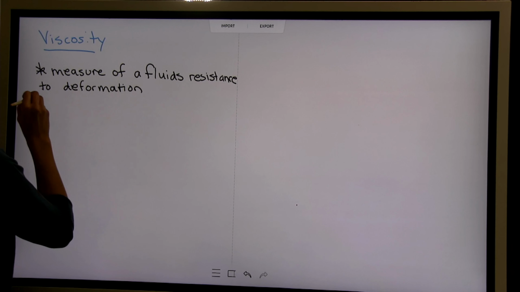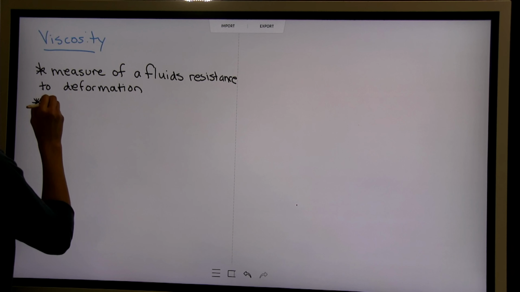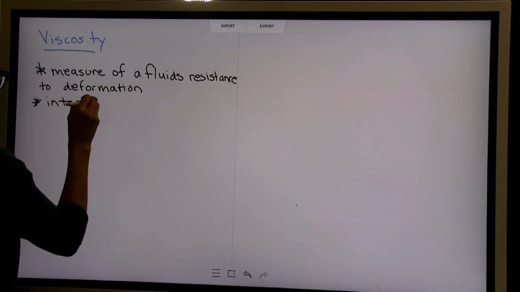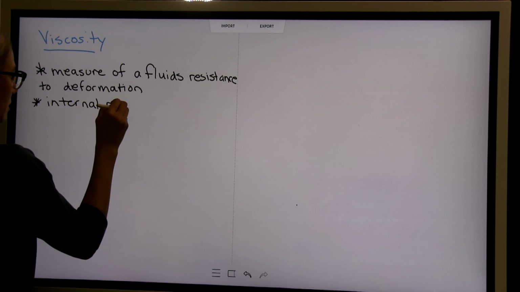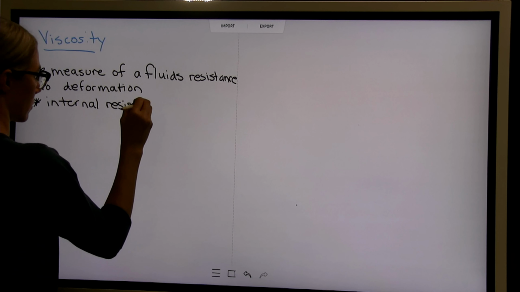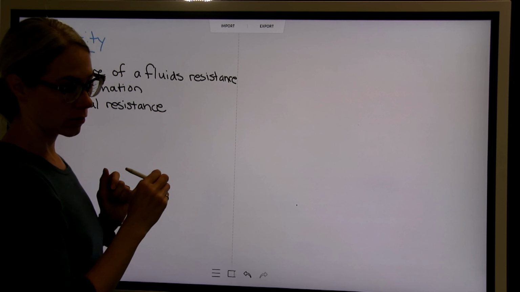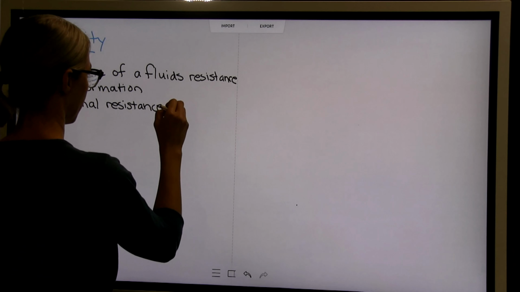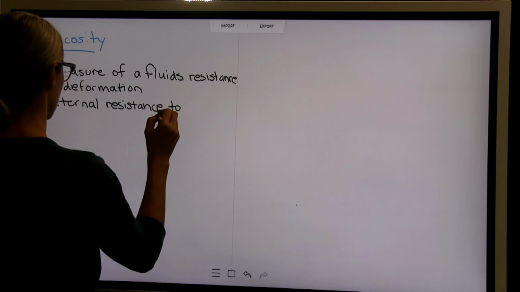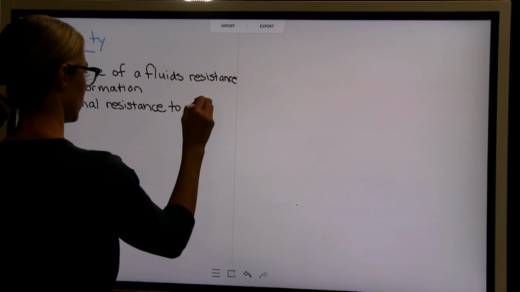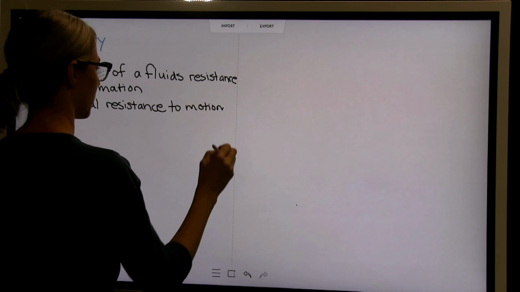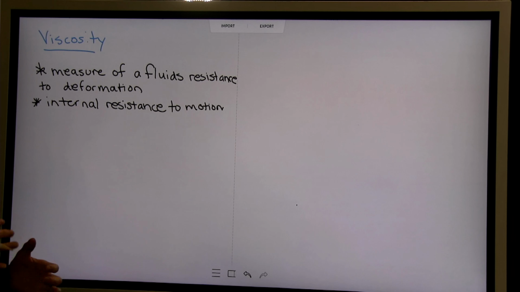You can also think of it as the fluid's internal resistance to motion. You can kind of think of it as the friction that a fluid experiences when it's going to move.